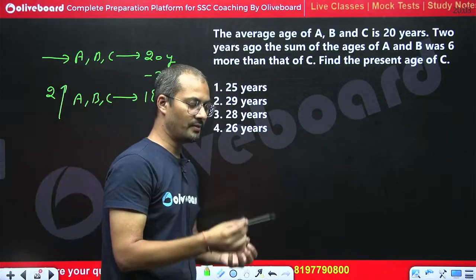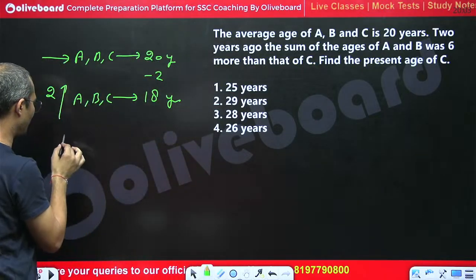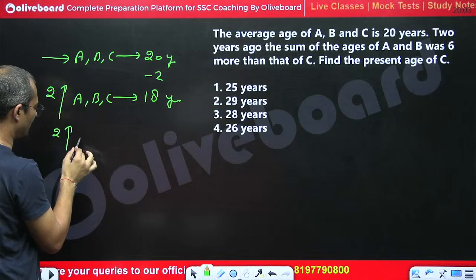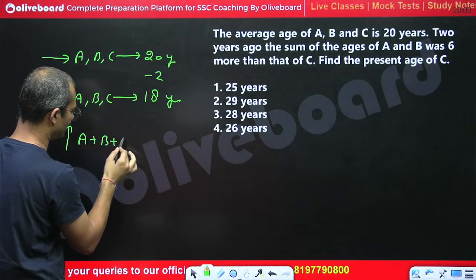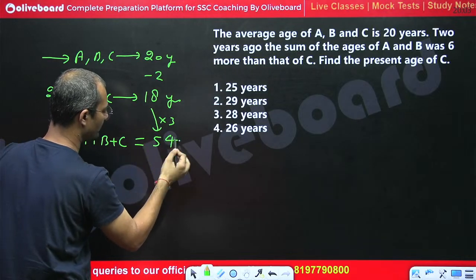Because 2 will be subtracted from each, right? So we can say that 2 years ago, the sum of A plus B plus C would be equal to 18 into 3. So this would be equal to 54.